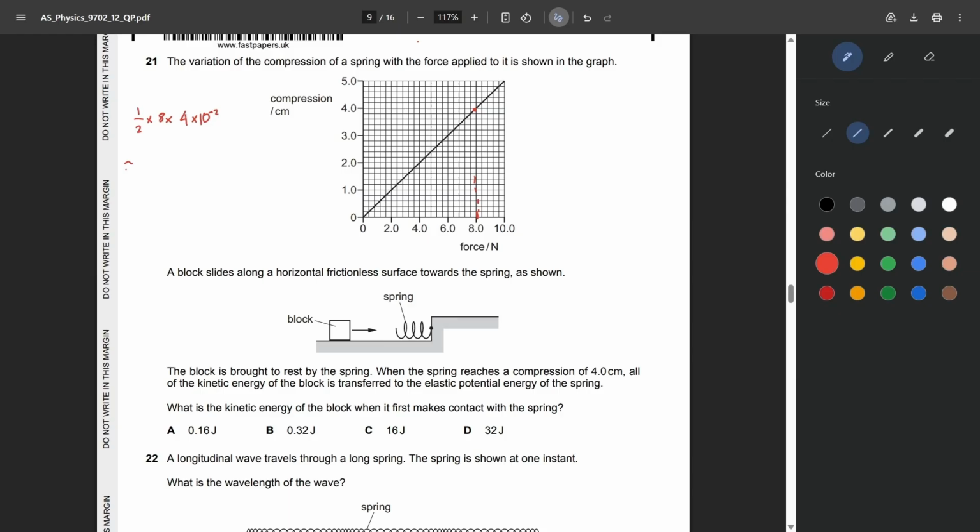The answer here would be 0.16 joules. Now this is the amount of work done by the block to compress the spring. So the initial kinetic energy of the block would be 0.16, A.